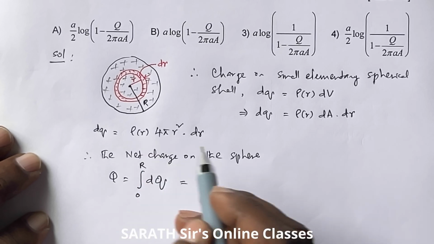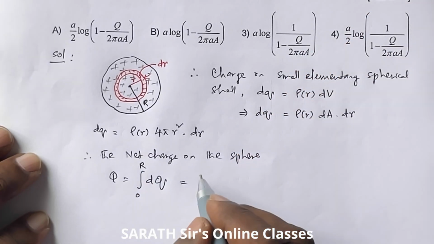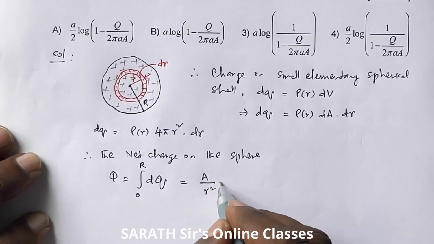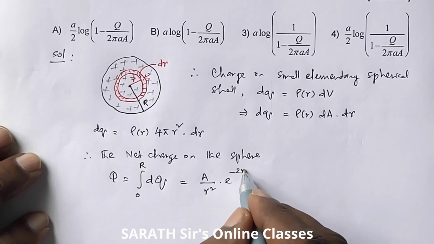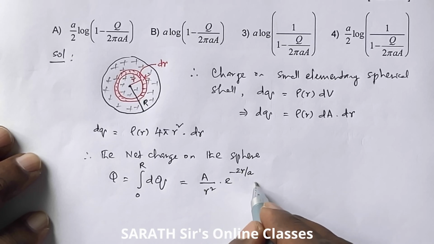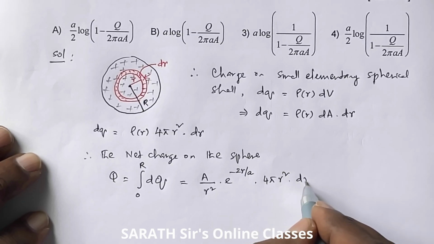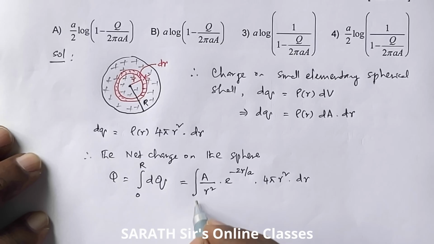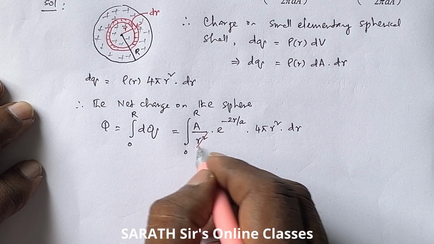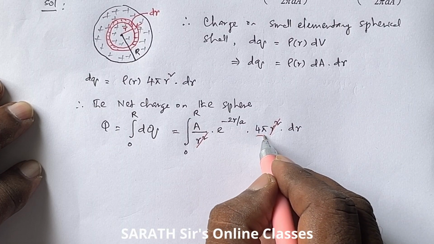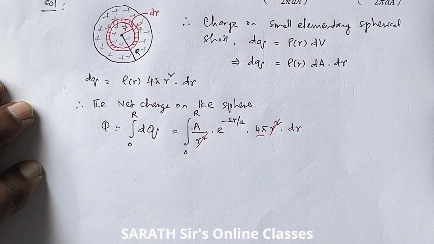Rho of r is given as A by r square e power minus 2r by a, into 4 pi r square into dr. Here integration will be there. Here r square cancels, 4 pi and A are constants, so I will write outside.